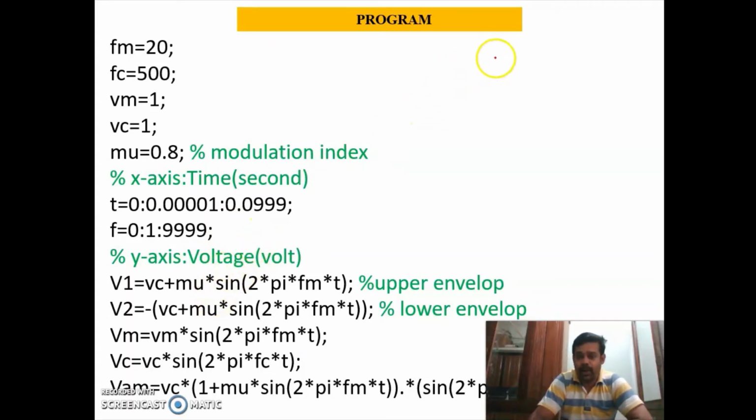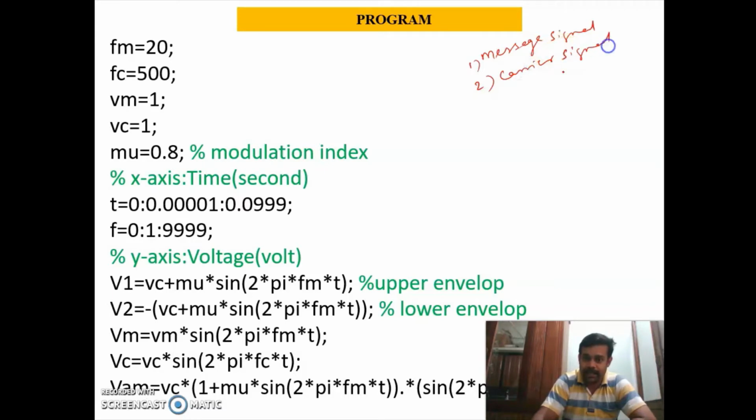We are going to plot first the message signal, then the carrier signal, then the modulated AM signal, and finally we are drawing the spectrum.